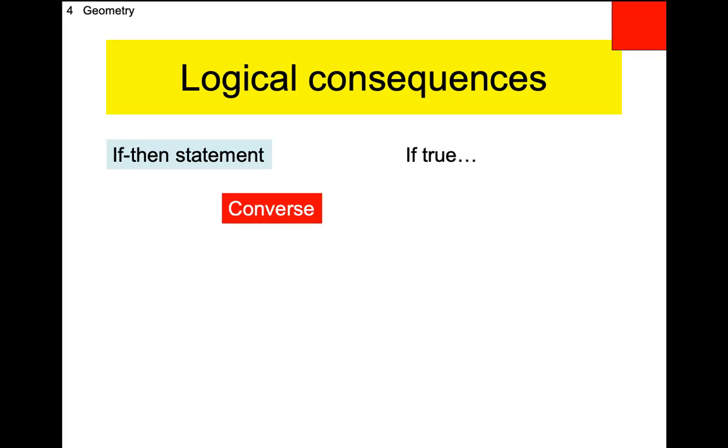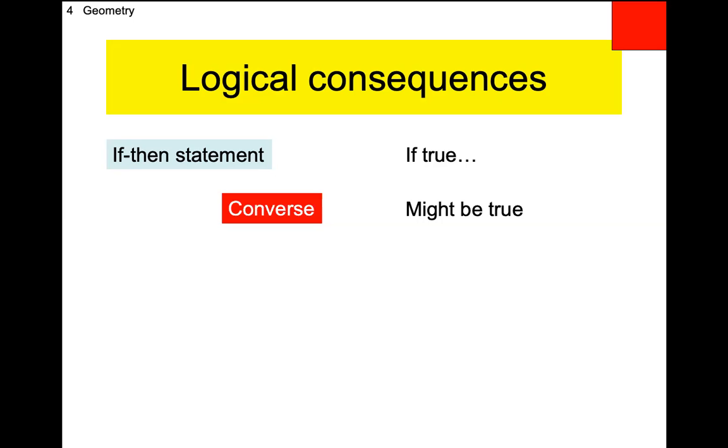If the if-then statement is true, it turns out that the converse statement might be true. It's not always guaranteed. If you make the converse to the statement, and we will do a better example here, if it is raining then the sidewalks are wet, the converse might be false. If the sidewalks are wet, then it is raining might be true, it might not be true.